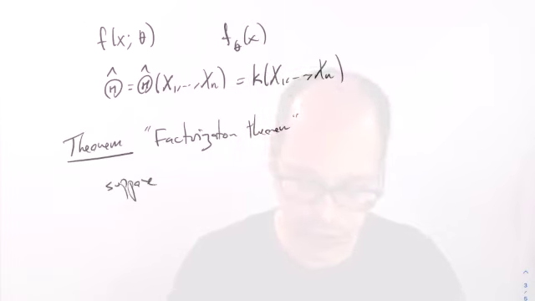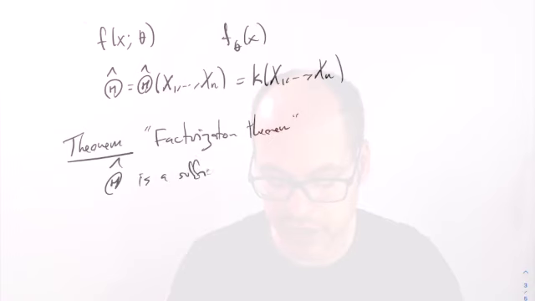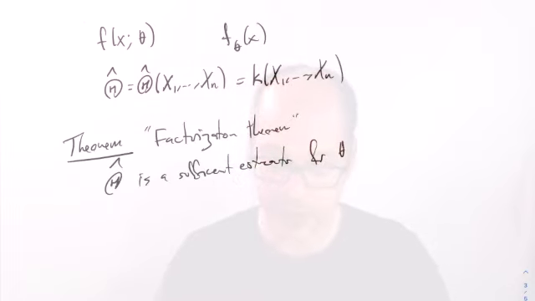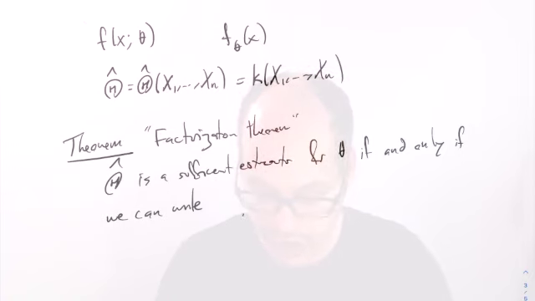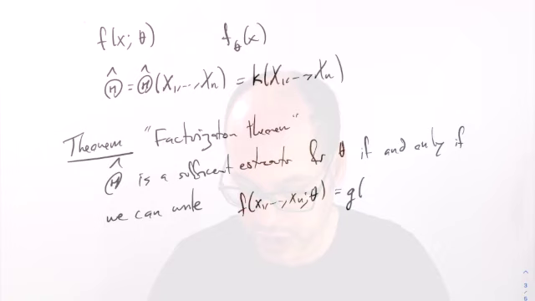Well, okay, yeah. It says that this theta hat is a sufficient estimator for the parameter theta if and only if we can factor our density function f of x1 through xn and theta as some function which really just depends on theta hat.